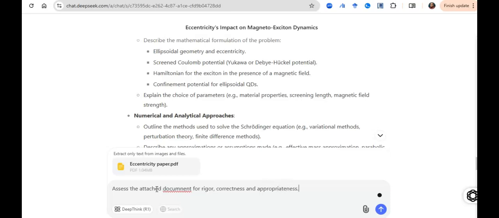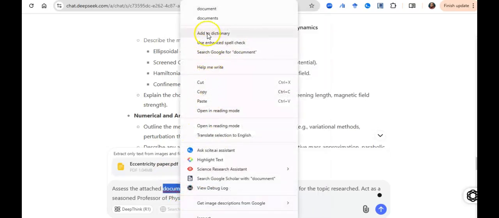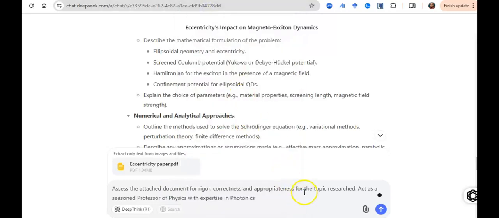You want to tell it appropriateness for the topic researched, and you want to say: act as a seasoned professor of physics with expertise, if you like, in photonics, because the topic is in photonics and you want it to act that out. It is going to give you an expert review and assessment of what you formulated.